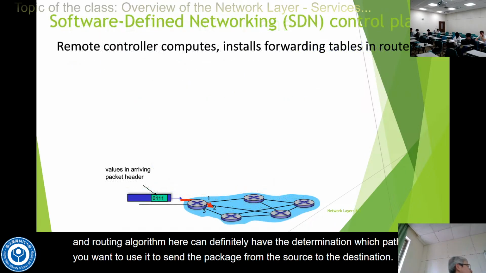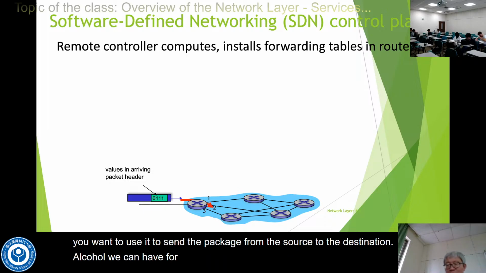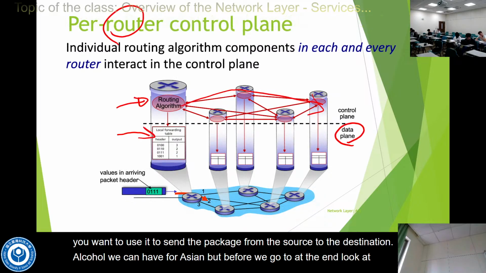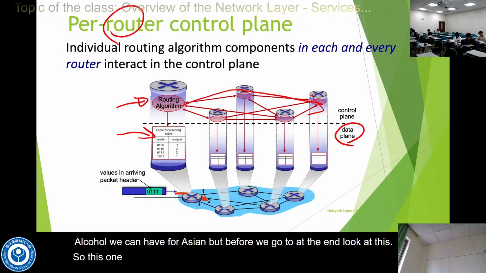And of course, we can have SDN, but before we go to SDN, look at this. This one we call the per-router control plane. That says it's the traditional routing algorithm.